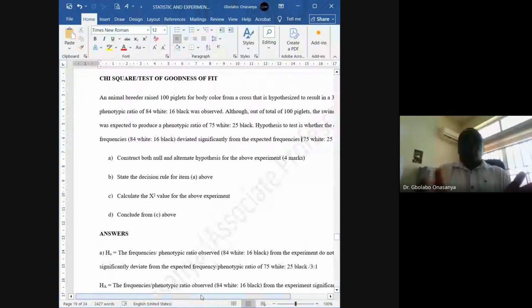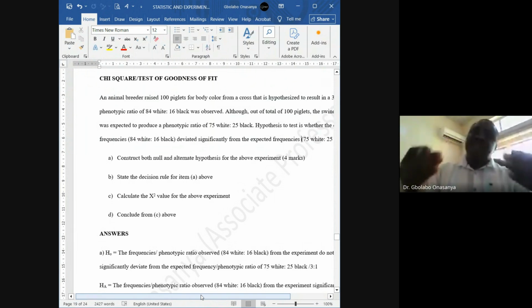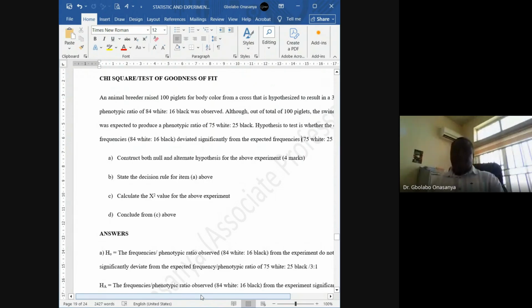The null hypothesis is that there is no difference between observed and expected. The alternative hypothesis is that there is a discrepancy between observed and expected. If there is no discrepancy, then the effect is zero, it is of no effect. Am I speaking sense?